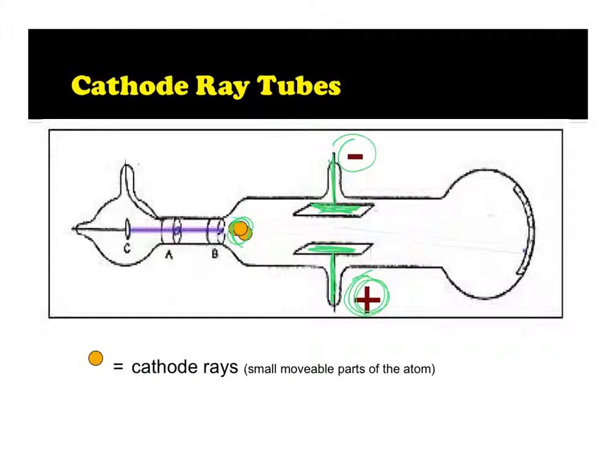If this little atom or this movable piece is positive, it would be attracted towards the negative plate and it would hit probably up here. So again, if it was negative, it would be attracted to the positive and it'd hit towards the bottom, and if it was positive, it'd be attracted to the negative and it would hit up here.